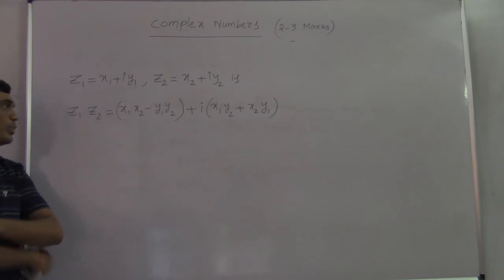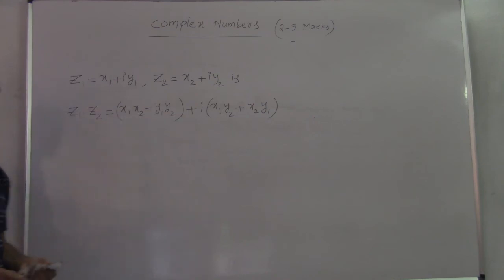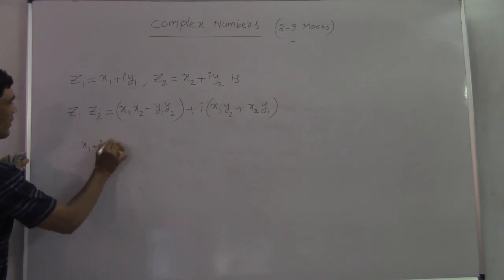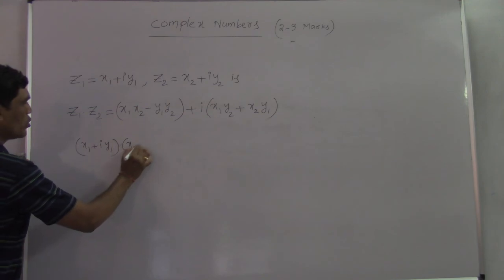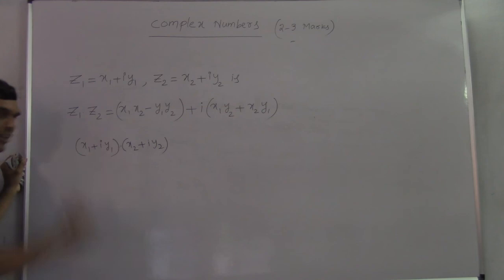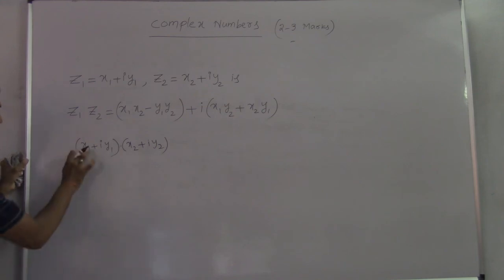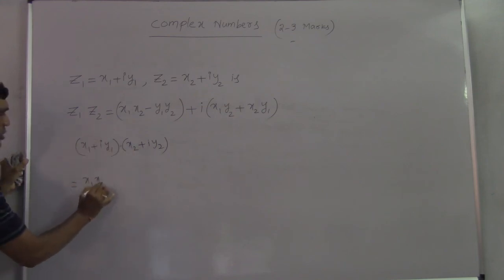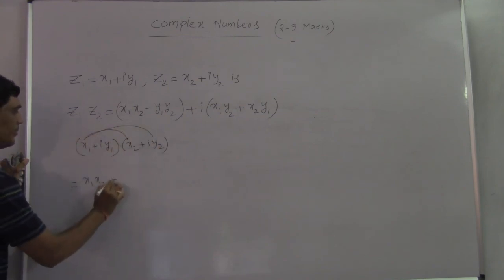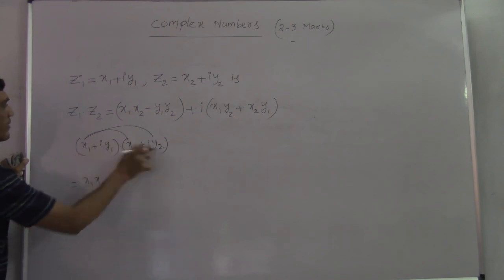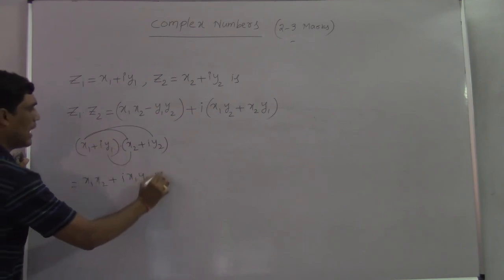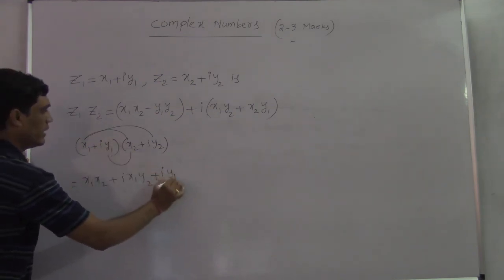This also no need to remember as a formula, it is normal multiplication only. You have x1 plus iy1 into x2 plus iy2. First multiply x1 x2. Next, multiply these two, i is there: i x1 y2. Now multiply this one, i is there: i y1 x2.